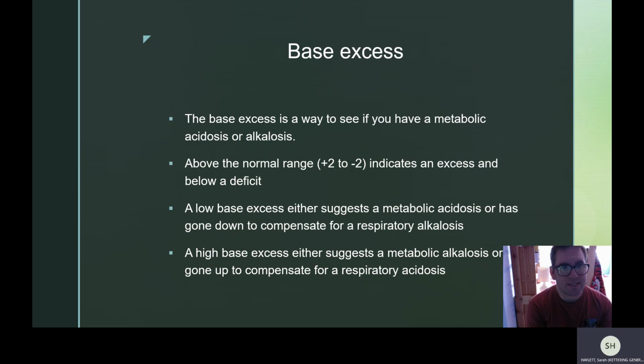So base excess. This is another metabolic process. Okay, that's important to remember. A value above the normal range, so +2 or -2, indicates an excess, and below indicates a deficit. A low base excess either suggests a metabolic acidosis, such as DKA, because your metabolic process has gone down, or your body is trying to compensate for a respiratory alkalosis caused by something like hyperventilation.